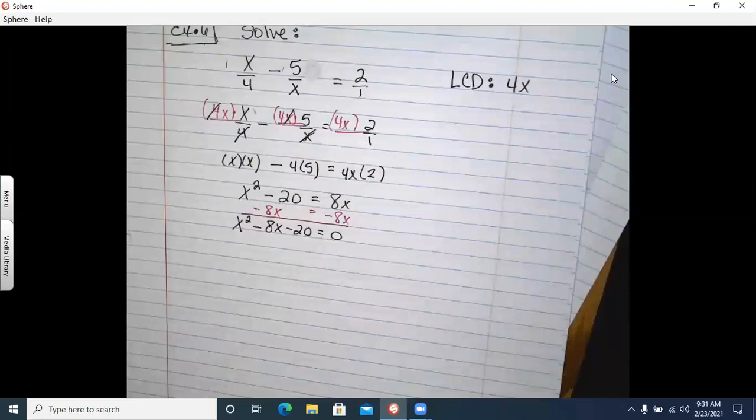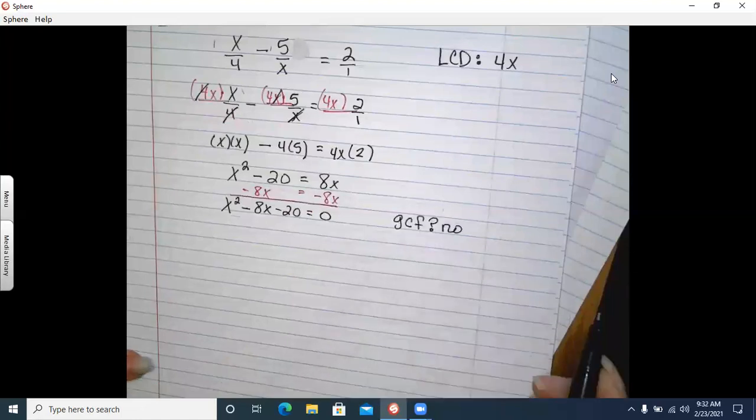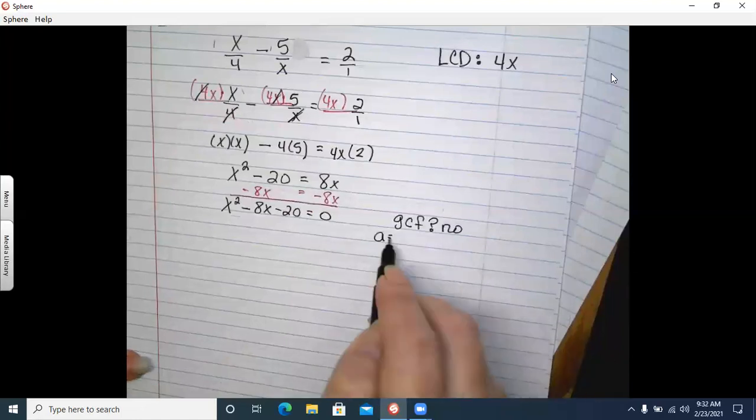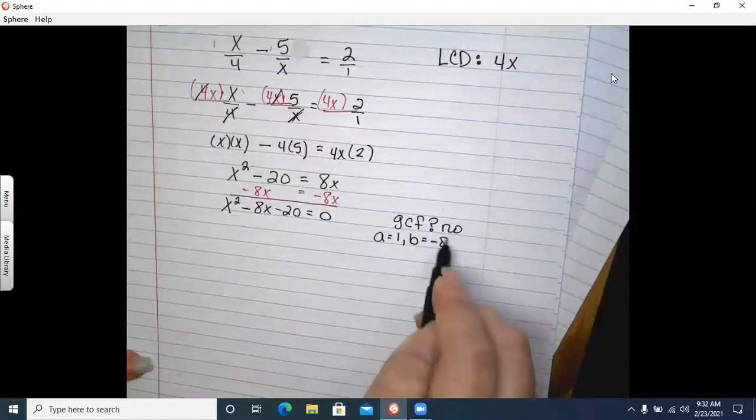So to solve this, I'm going to try to factor, if I can. Is there a greatest common factor? No. What is A? What is B? What is C?